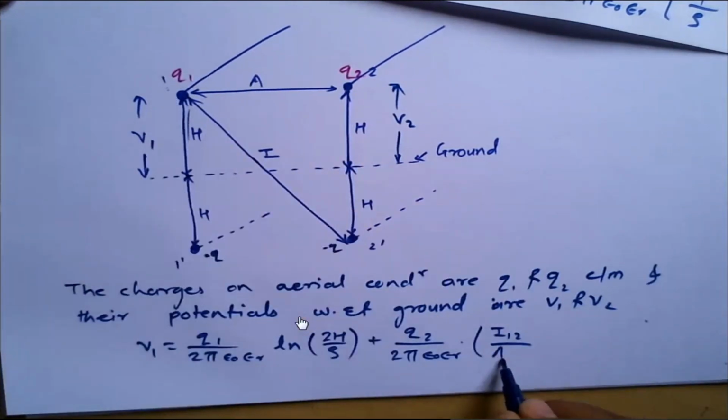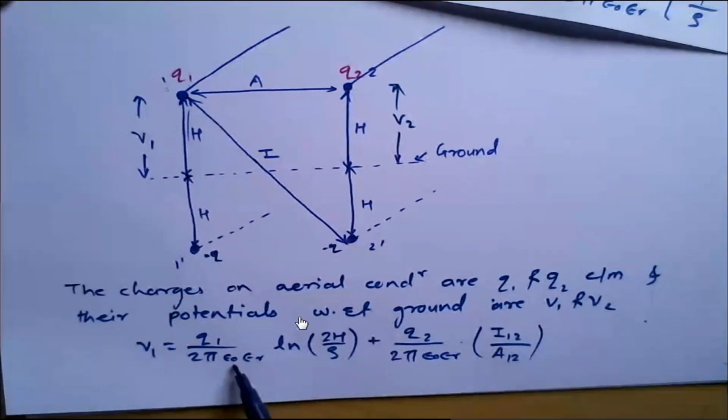So V1 will be Q1 upon 2 pi epsilon 0 epsilon r ln of 2h upon rho.